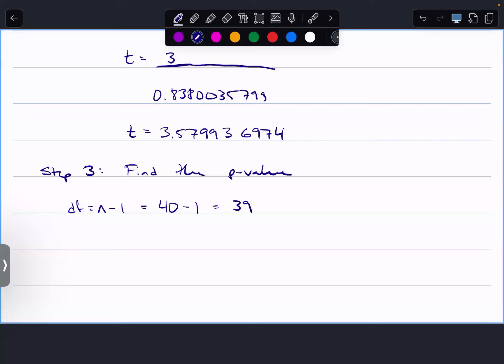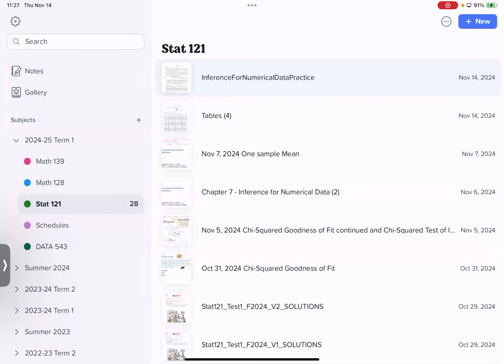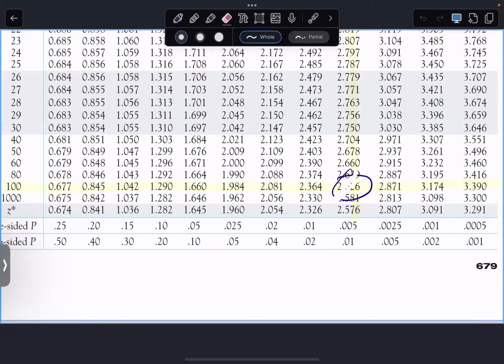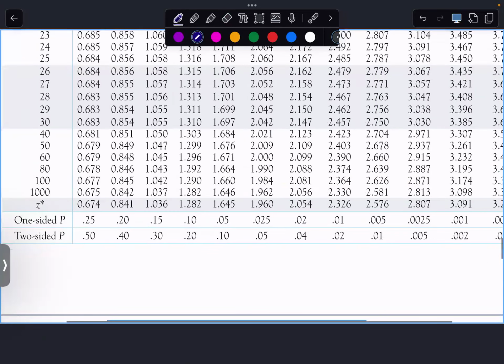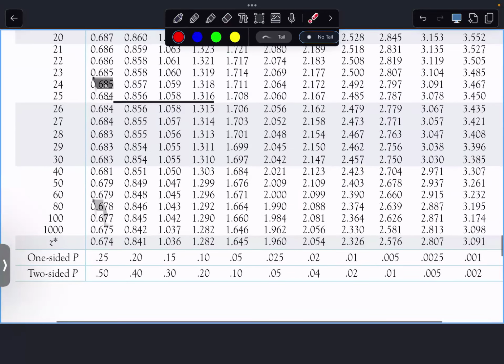So I have 39, but I also know that I don't have 39 listed on the table. So I'm choosing between 30 and 40, and this is where it's important that you go down to 30, right? Because otherwise you're claiming to have a bigger sample size than you actually do. That's bad.